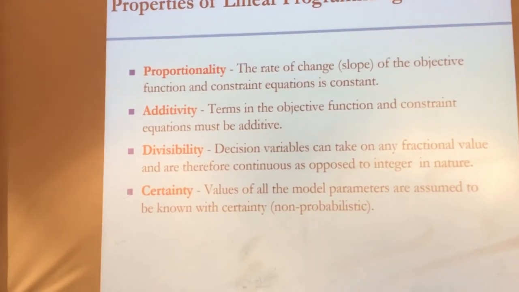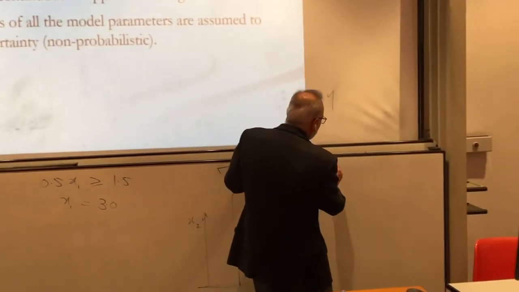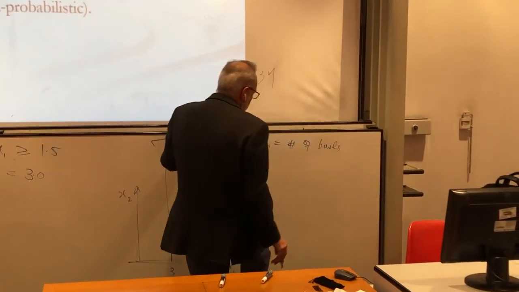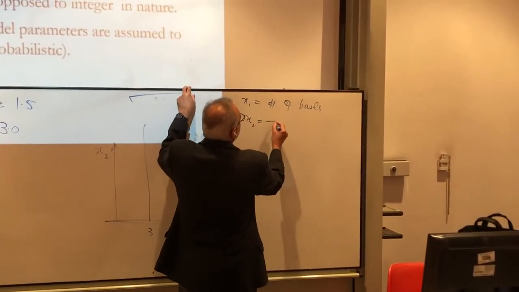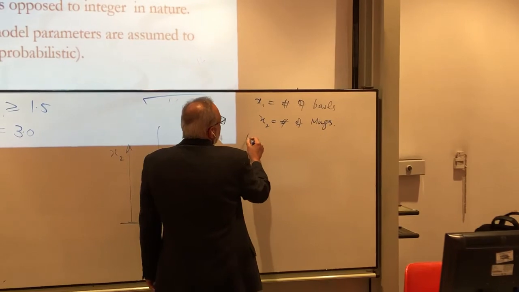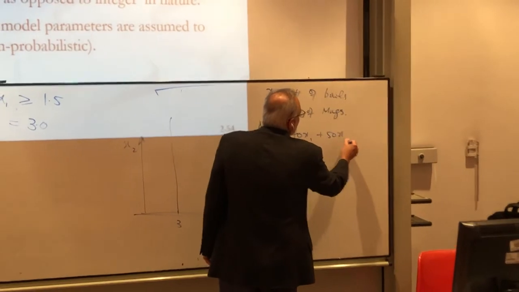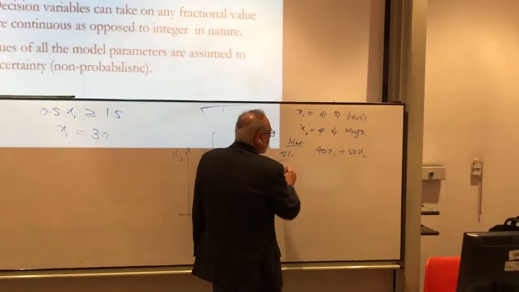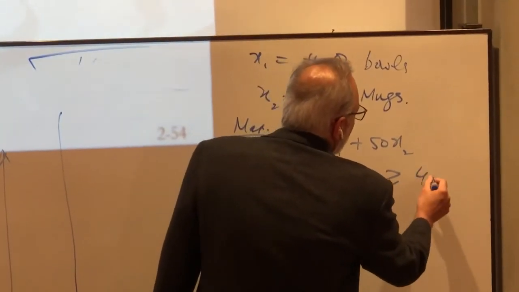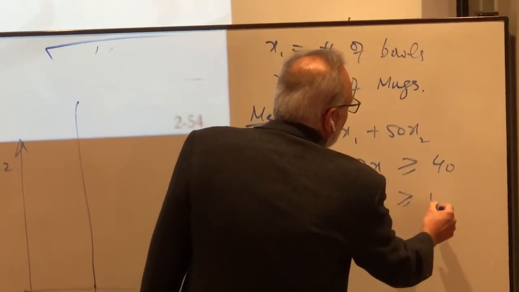In this example, x1 was the number of bowls, x2 the number of mugs, and we were maximizing 40x1 plus 50x2 subject to two constraints: x1 plus 2x2 less than or equal to 40, and 4x1 plus 3x2 less than or equal to 120.